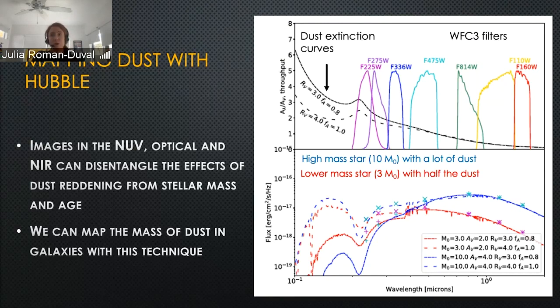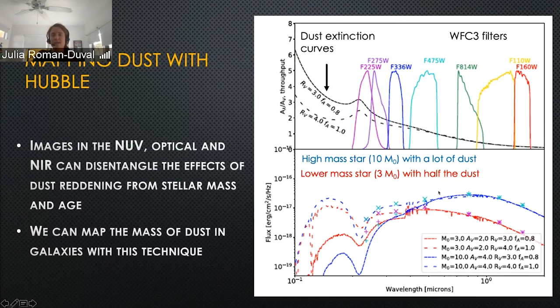But dust can also make a star look fainter and redder. And with just one band or one wavelength, we cannot disentangle the effects of stellar mass and intervening dust. However, if we have filters that go from the near UV to the optical to the near IR, we can disentangle these two effects. And that's shown in the bottom plot here.